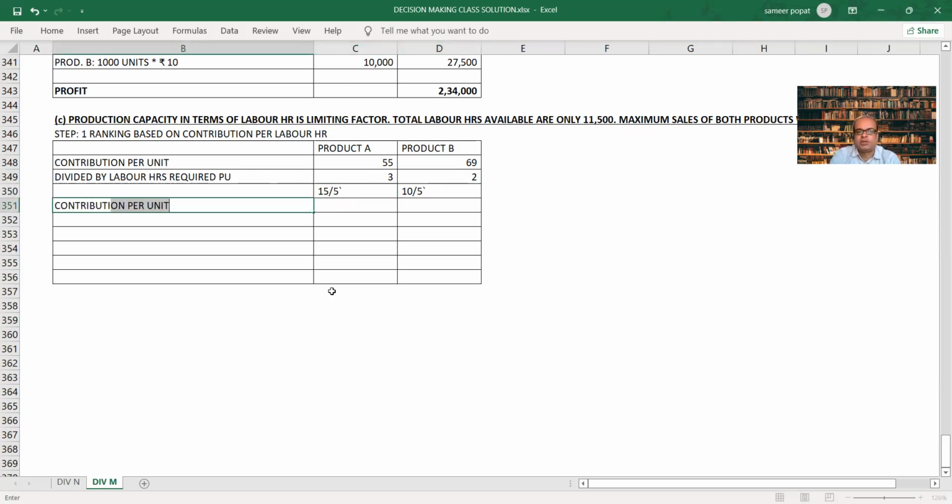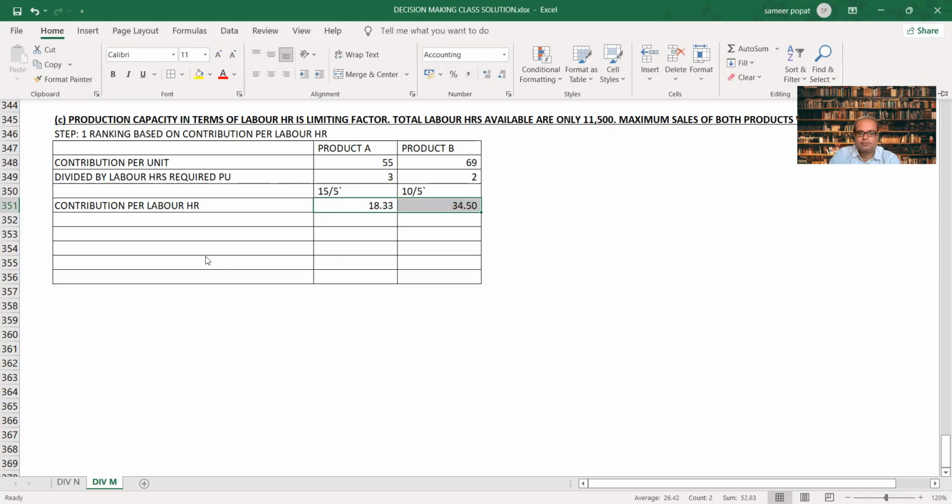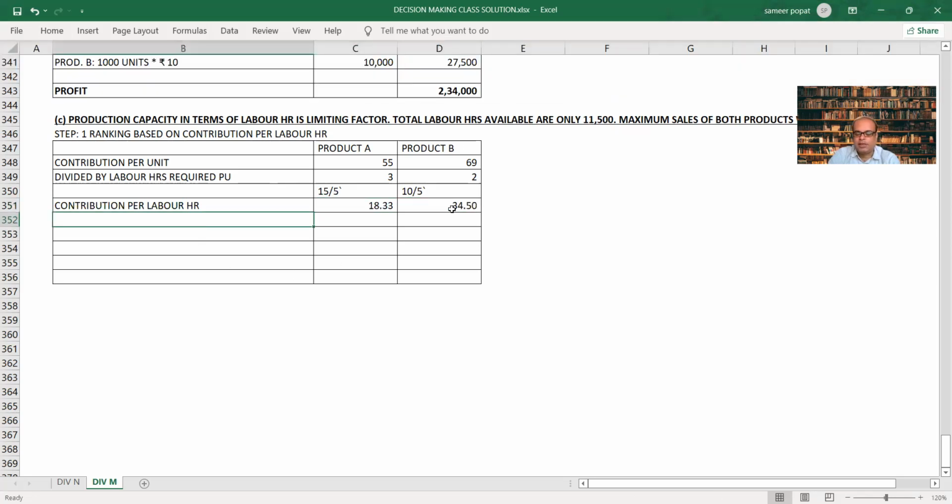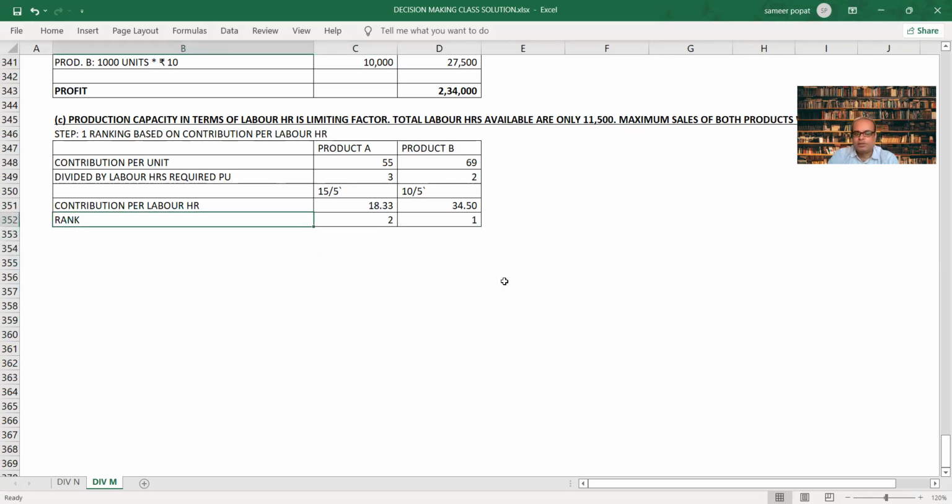Now we get contribution per labor hour: 55 divided by 3 and 69 divided by 2. That is 18.33 and 34.5. Based on this, we give rank. So 34.5 is rank 1 and 18.33 is rank 2.